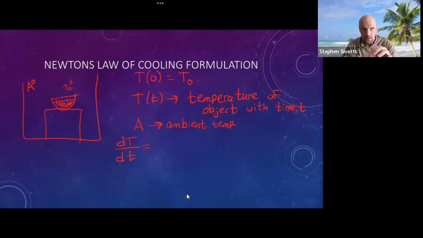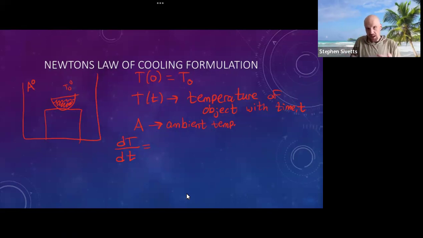And if an object cools, well, the ambient temperature is affecting the temperature of the bowl by cooling it. So like with exponential equations, where the rate of change of the population was directly proportional to the population itself, in this case we're going to apply similar logic.